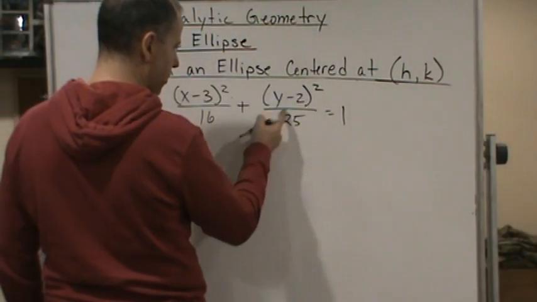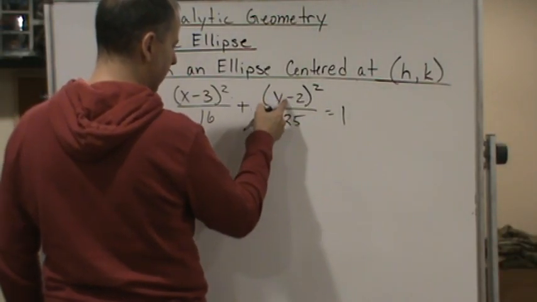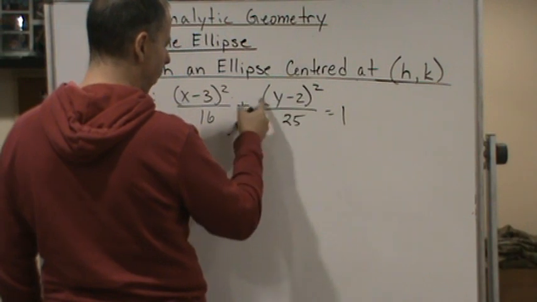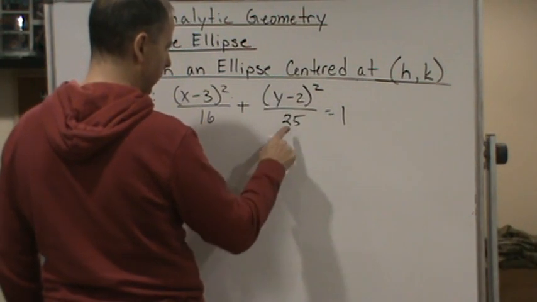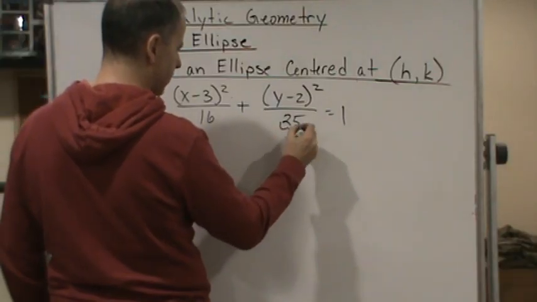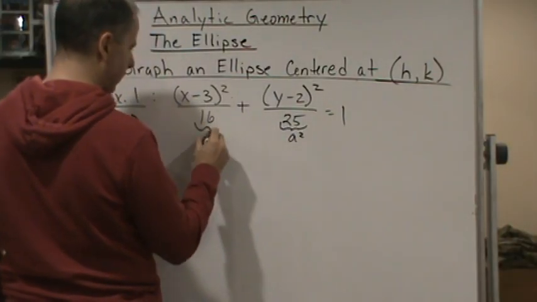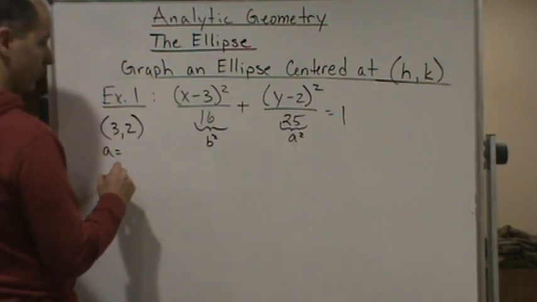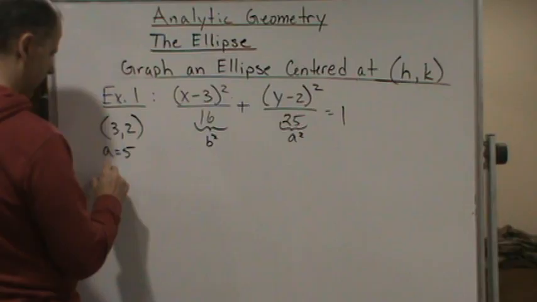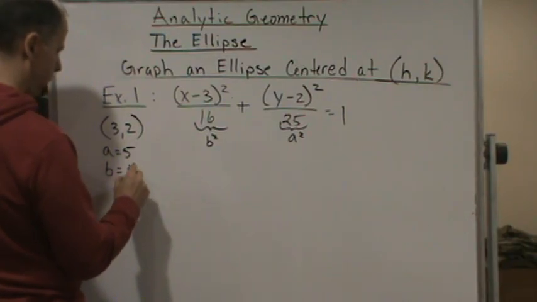Now, we also know which is the major axis. Since the larger number here is beneath the variable y, we know that this is going to be your a squared. So this is a squared, and this has to be b squared. That means a is equal to 5, and b is equal to 4.